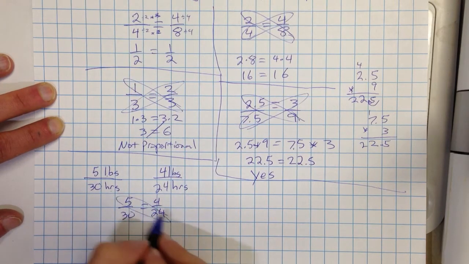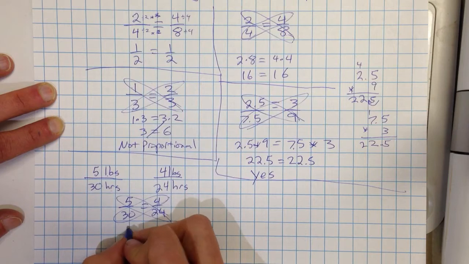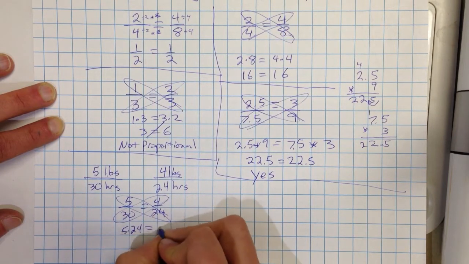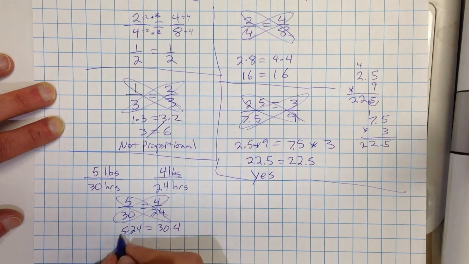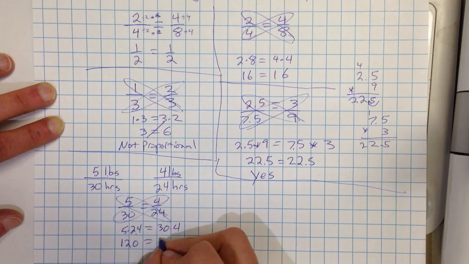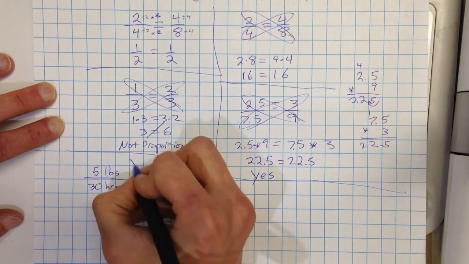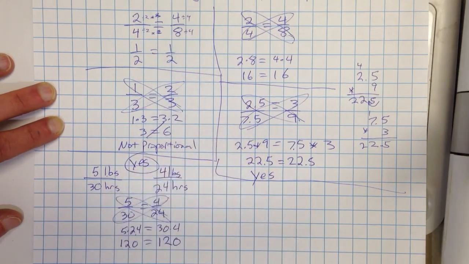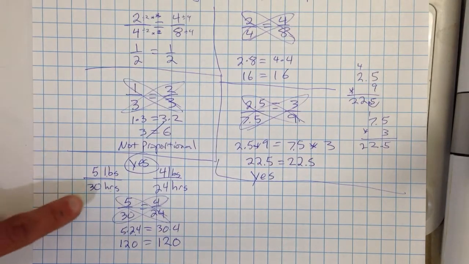Or I could just cross multiply across. And that would give me 5 times 24 equals 30 times 4. 5 times 24 does in fact equal 120. 30 times 4 also equals 120. So I would say yes, these two ratios are proportional. So the rate at which this dry ice is sublimating is consistent.